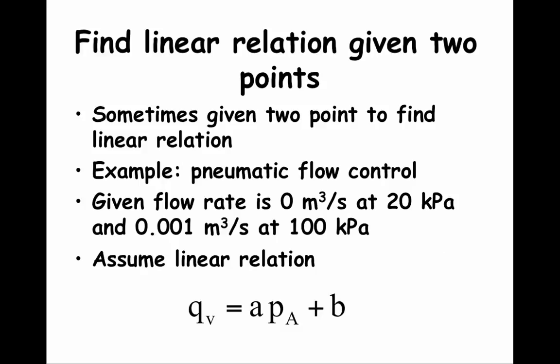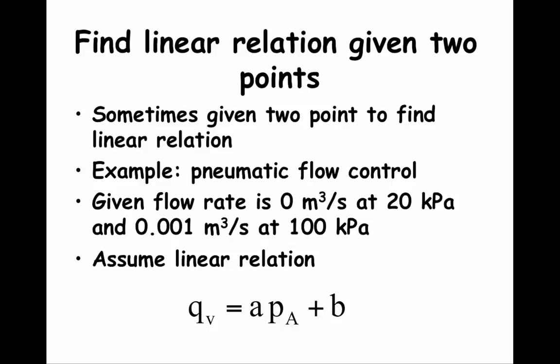Sometimes you will be given 2 data points and need to find the linear relation. The 2 points can be used to write 2 equations with 2 unknowns, A, the slope, and B, the zero-intercept. In this example, we are given that the flow is 0 cubic meters per second if the pneumatic control signal is 20 kPa, and the flow is 0.001 cubic meters per second when the pneumatic control signal is 100 kPa.